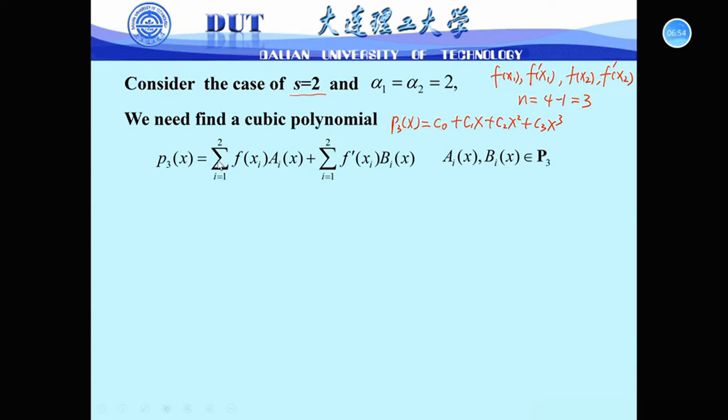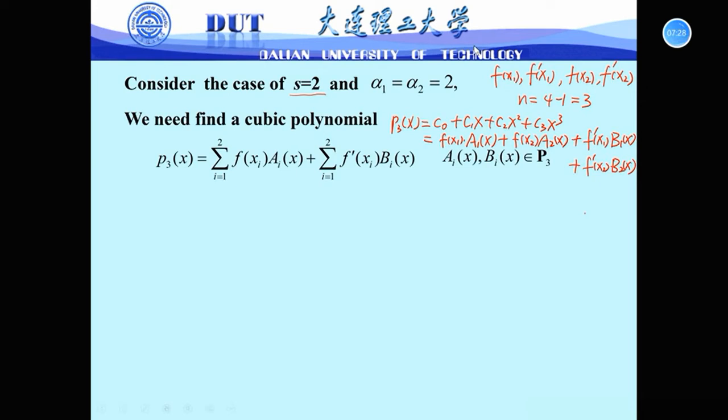Interpolation formula means we only need the function values f(x1) multiplied by a basic function a1(x), plus f(x2) multiplied by a2(x), plus the first derivative f'(x1) multiplied by b1(x), plus f'(x2) multiplied by b2(x).